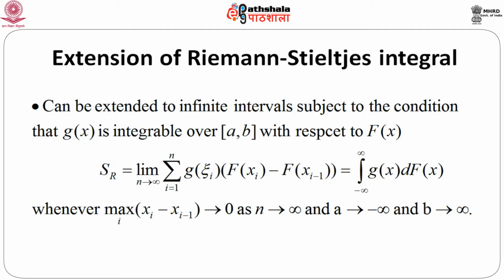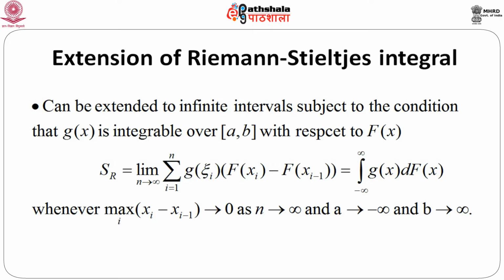So, it can be extended to infinite intervals, but there is an important condition, that gx must be integrable over AB with respect to capital F of x, which is nothing but the distribution function with respect to which we are going to define this extension of the Riemann-Stieltjes integral. So, let us first consider the standard Riemann-Stieltjes sum, which is g of xi into f of xi minus f of xi minus 1, summed over i from 1 to n, and the limit as n goes to infinity.